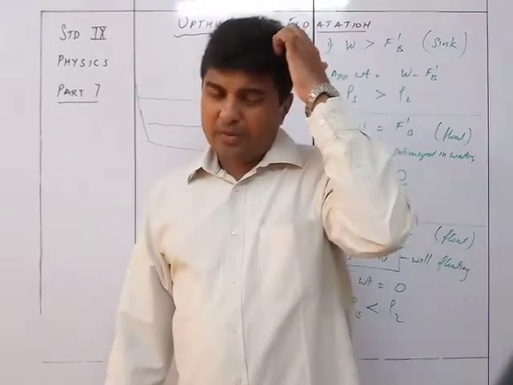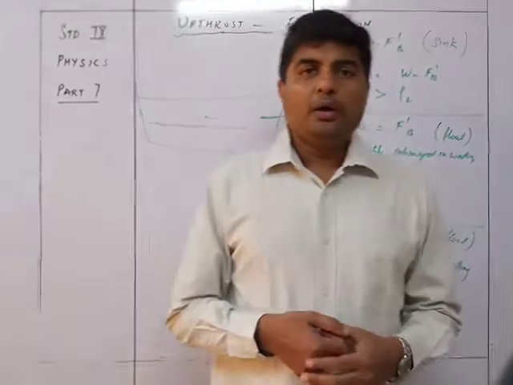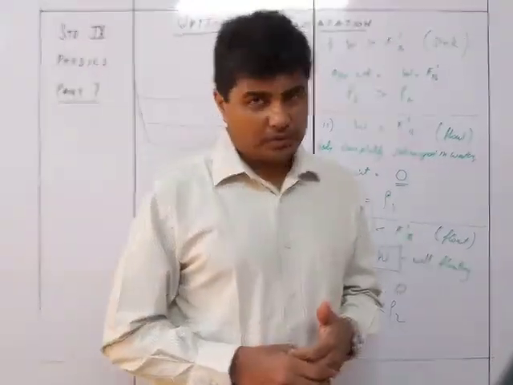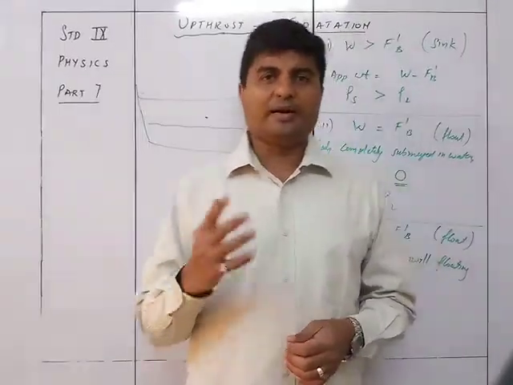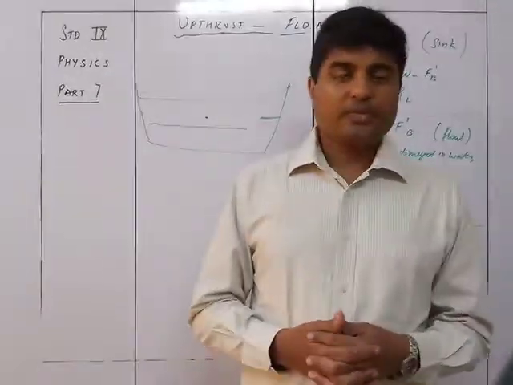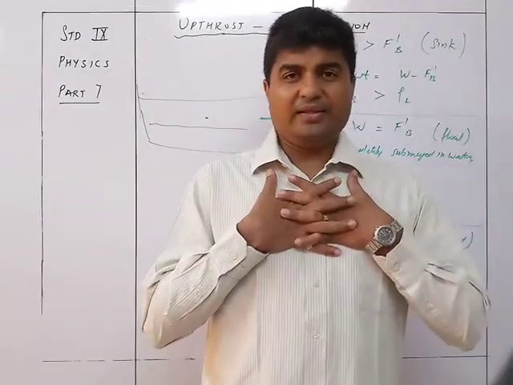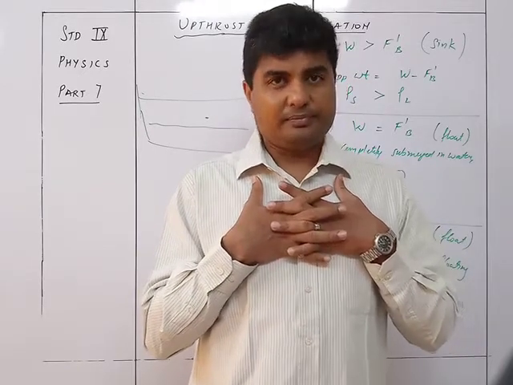See, when a person is able to float, it means that his density is equal to the density of the water, or maybe even less than water. Normally it won't be less than water, but at least it will be equal to water. For such a condition, it is required that the lungs are completely filled with air. So we take a deep breath and we are quite calm.